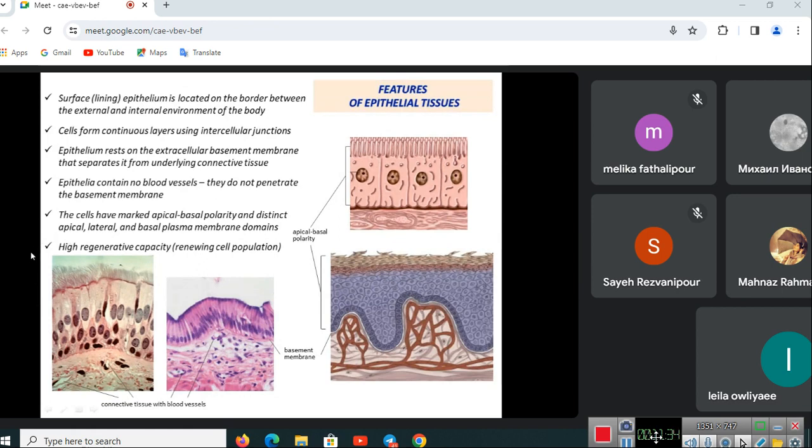And finally, the last feature of epithelial tissue is that they have high regenerative capacity. Most of the epithelia are renewing cell populations.